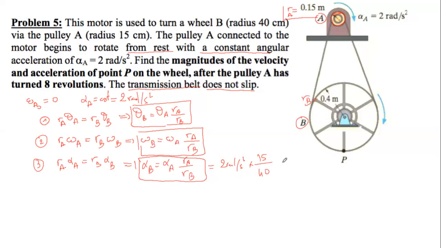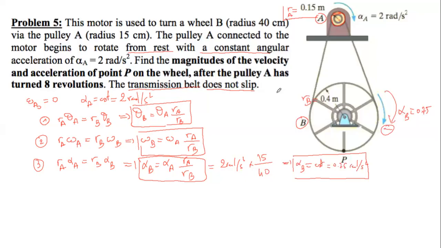This will give you an alpha B that is constant, 0.75 radians per second squared. So wheel B will rotate counterclockwise with a constant angular acceleration alpha B of 0.75. We all agree with that?